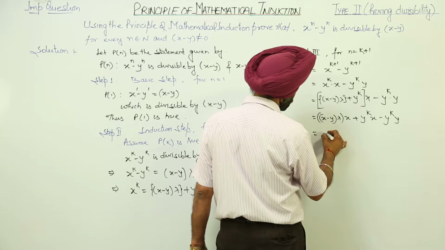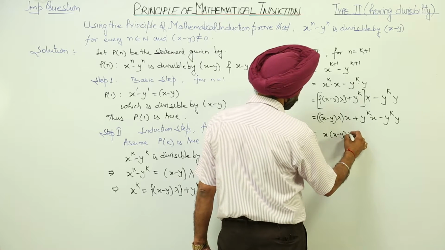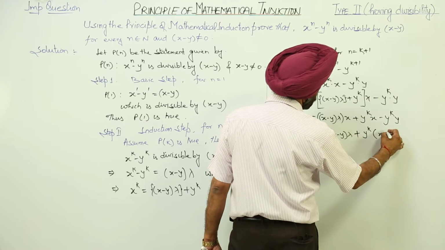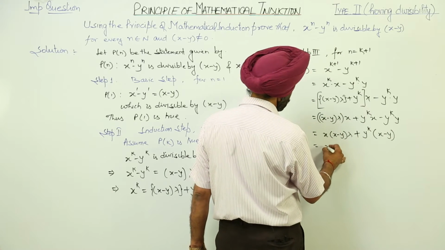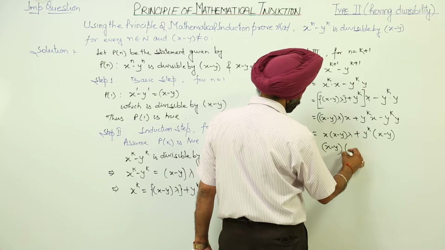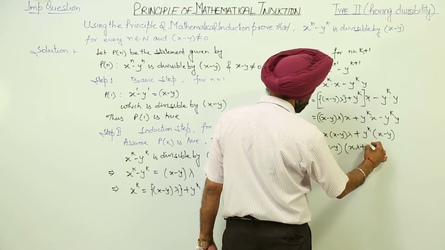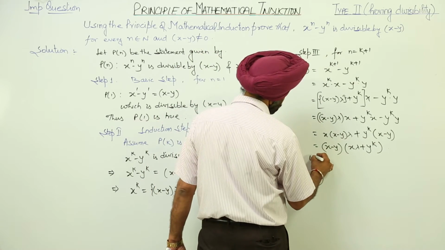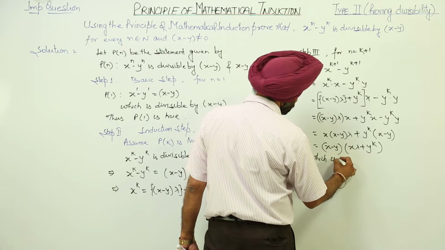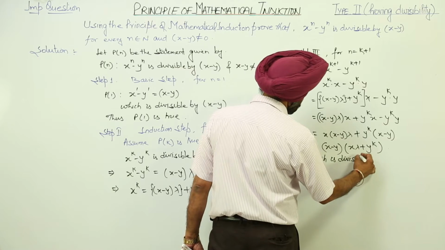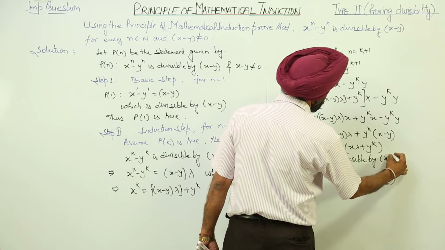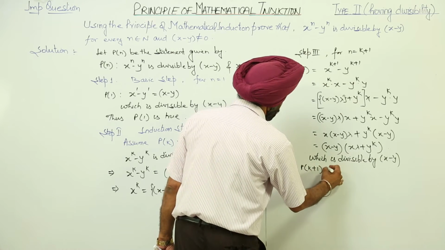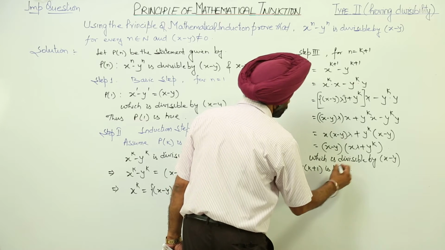Now x minus y with x lambda plus y raised to power k, x minus y, which is x minus y with x lambda plus y raised to power k, which is divisible by x minus y. Therefore, Pk plus 1 is true.